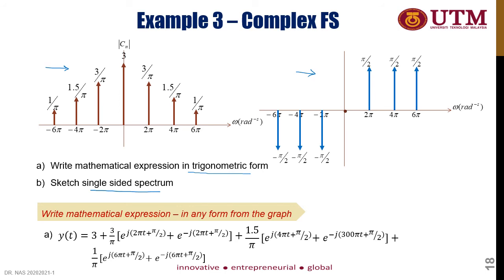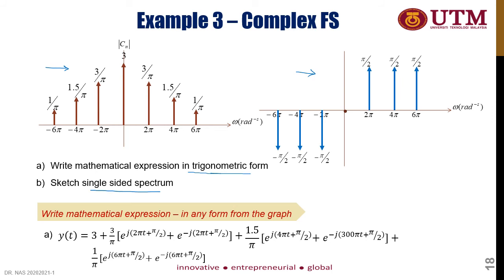So from the double-sided spectrum, you will get the exponential Fourier series. Therefore, in order to get the trigonometric equation, you need to convert the exponential Fourier series into trigonometric function.